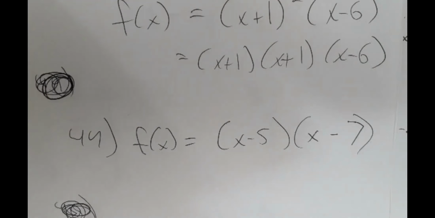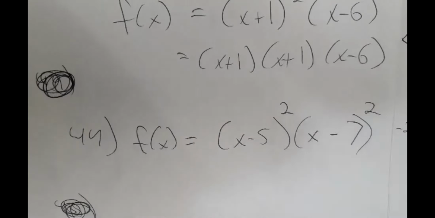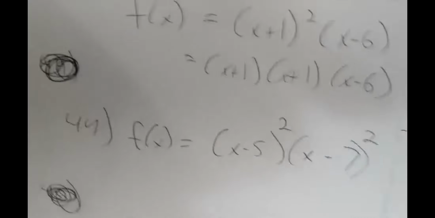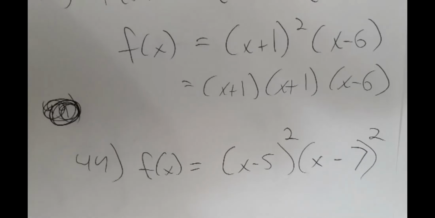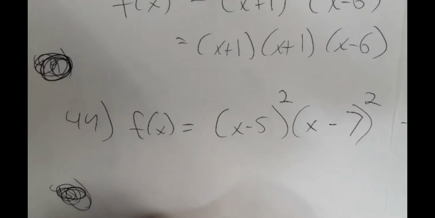So what do I need to do? Square both of them. And does that add up to what they're saying? It says this is a degree 4 polynomial. Does that add up to 4 degrees? Absolutely.